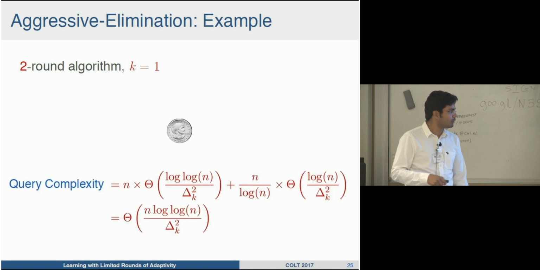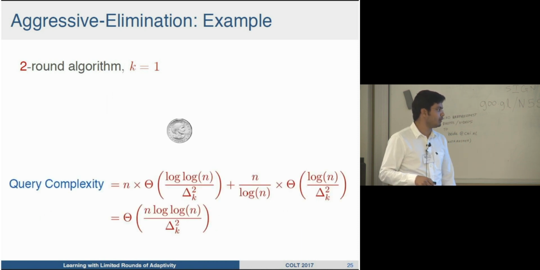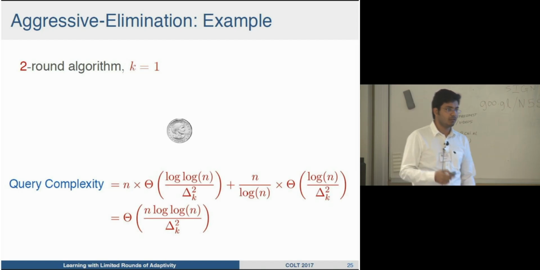So the total query complexity is n log log n over delta k squared. So we have reduced the log n to log log n in 2 rounds. Now, extending this strategy, if we allow ourselves 3 rounds, we can reduce it to log log log n. And if we allow ourselves log star n rounds, we can completely get rid of the log n factor.